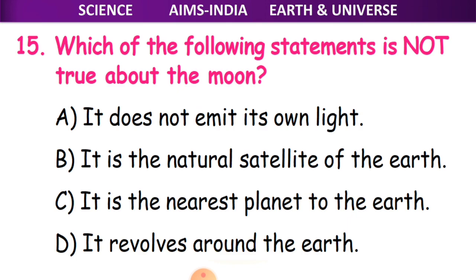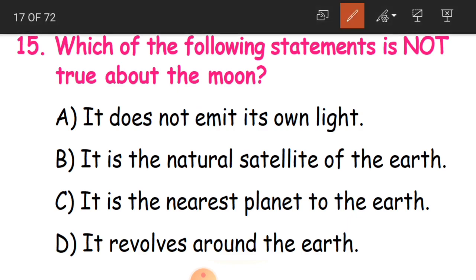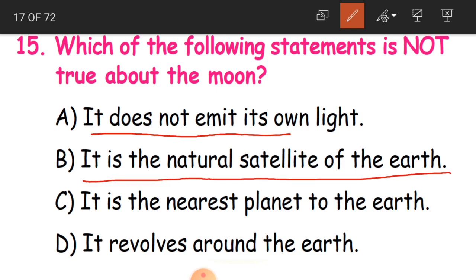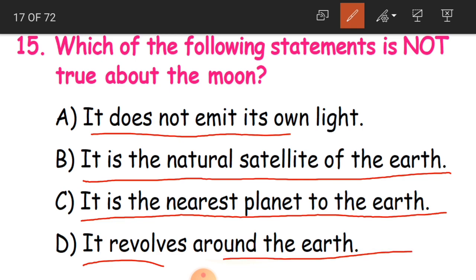15th question. Which of the following statements is not true about the moon? Okay. So A is, it does not emit its own light. B is, it is the natural satellite of the earth. C is, it is the nearest planet to the earth. And D, it revolves around the earth.